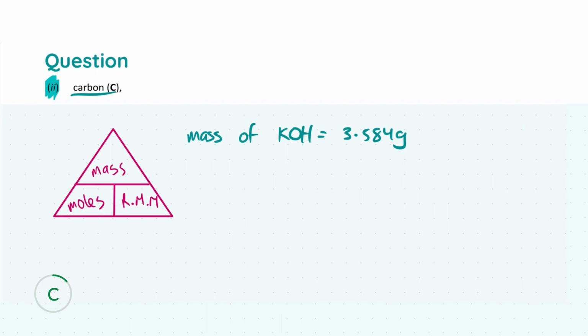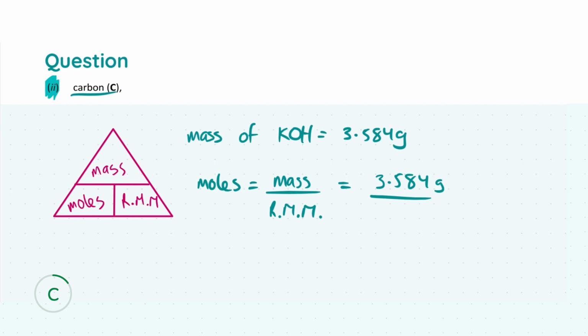So we're looking for our number of moles, which means if we cover moles on our triangle, what we're left with is mass divided by relative molecular mass. Therefore our moles is going to equal mass over relative molecular mass, and we already know the mass here is 3.584 grams, and then on the bottom half we're going to have our relative molecular mass of KOH.